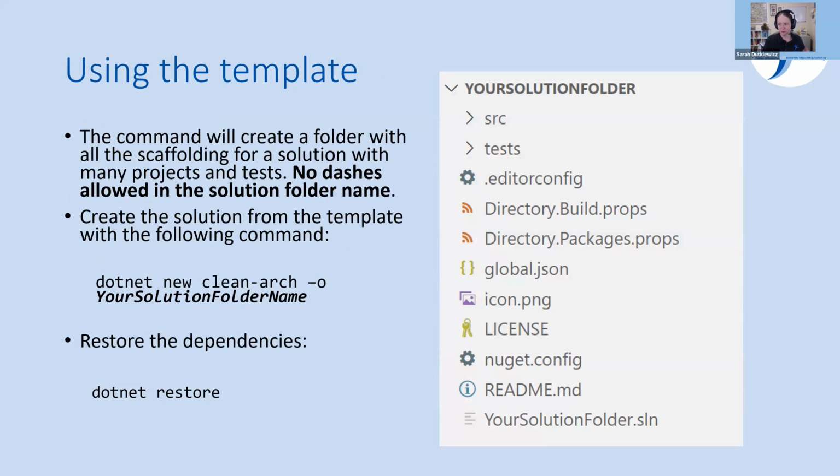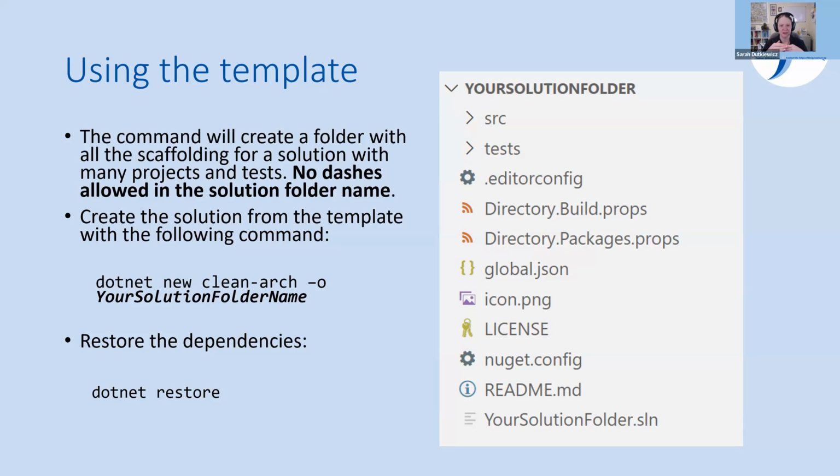Okay, so once you install the template, then you need to create a solution off that template. The gotcha at the moment is you can't use a dash in your solution folder name. If you use a dash, it will cause some problems. Now I have a screenshot later here that will show you what that message looks like, just so you're like, oh no, I did a dash, what did I do? I've got you. All right, so no dashes in the solution name.